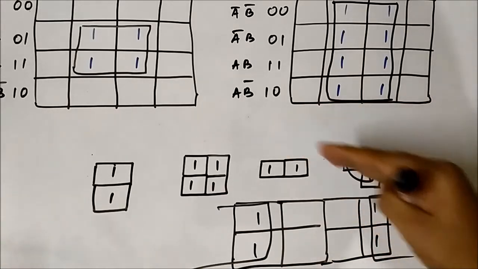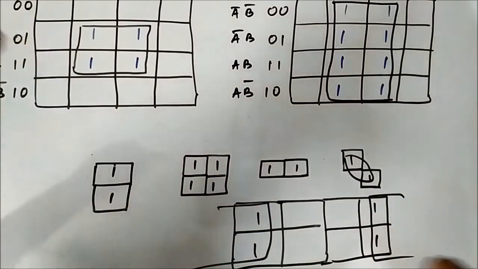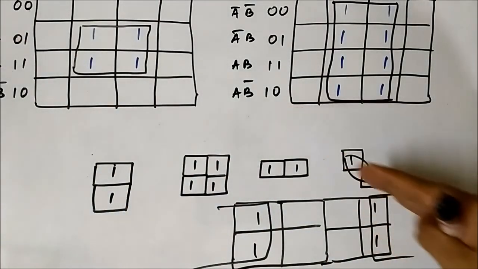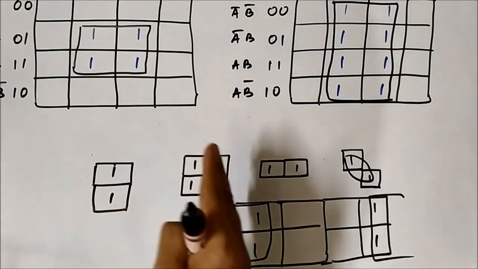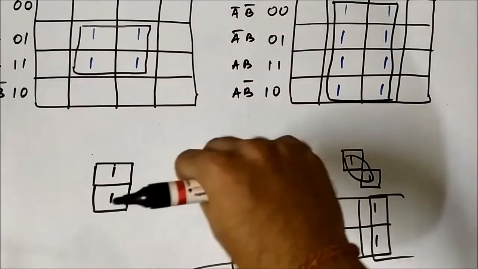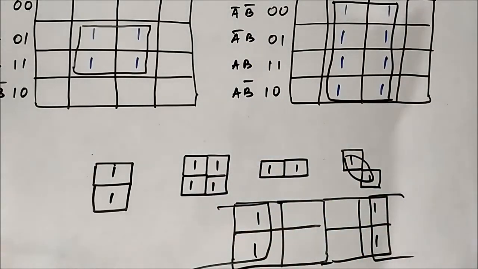We cannot group 2 marked cells which are across each other. They should be vertically or horizontally adjacent to each other, sidewise, top, bottom, left or right, like this. So this is an important thing.